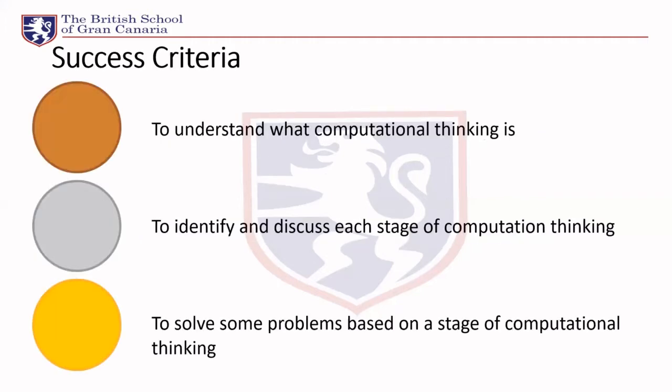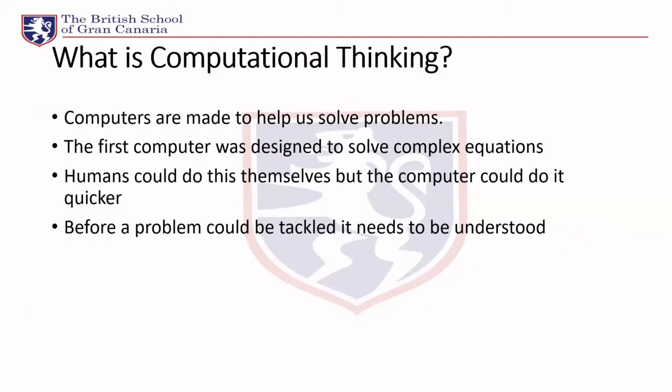So it's the same learning objectives and the same success criteria as previous lessons. So briefly, what is computational thinking? In a nutshell, it's how we solve problems, okay? The different stages that we can solve complex problems. And these complex problems are solved with the aid of computers, because as I've discussed before, computers can solve the problems that humans can solve, but they can do it a whole lot faster.